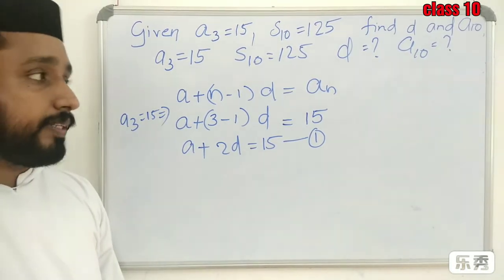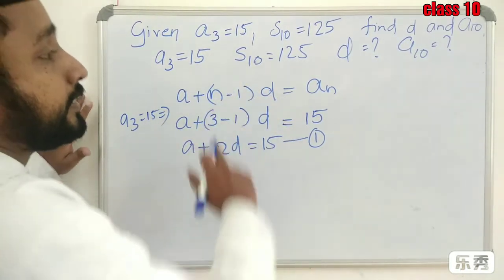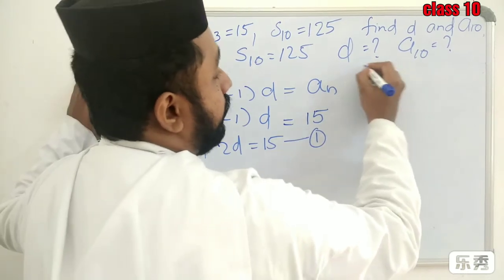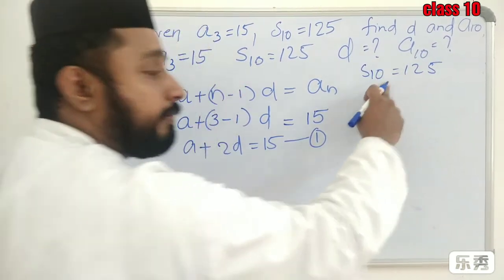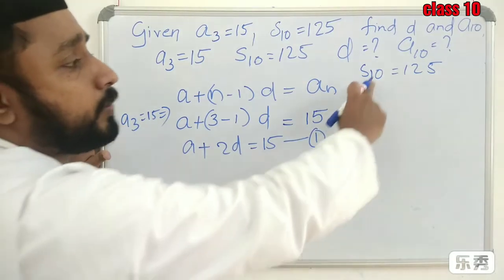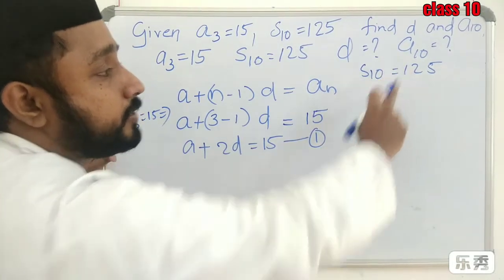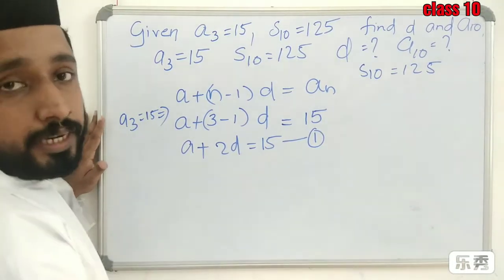is equal to 15. Then the second condition is S10 is equal to 125. We write the formula for Sn, substitute n is equal to 10 and S10 is equal to 125, and we will get another equation.